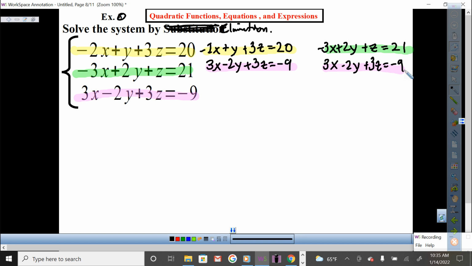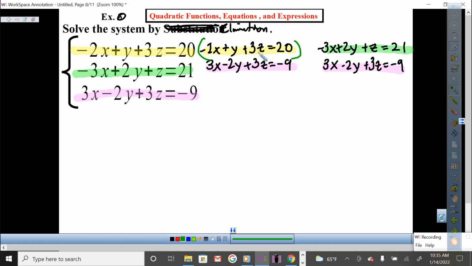So, here goes a question. Look up to the screen. If I wanted to eliminate, let's see, look at it. Which variable do you want to eliminate? Y. Okay, so to eliminate y here, what do I need to do to the top one, everyone?